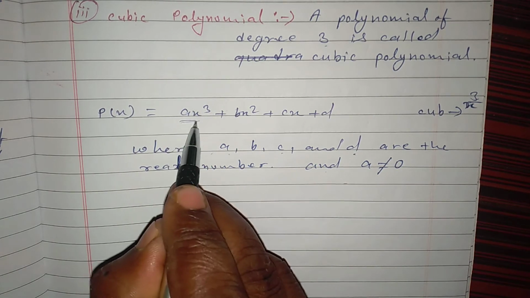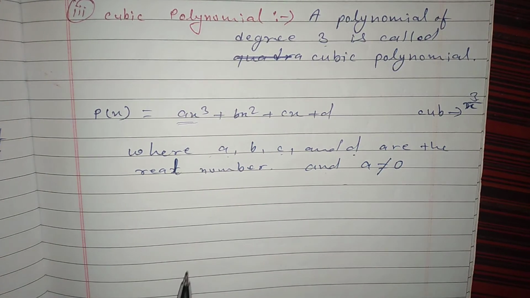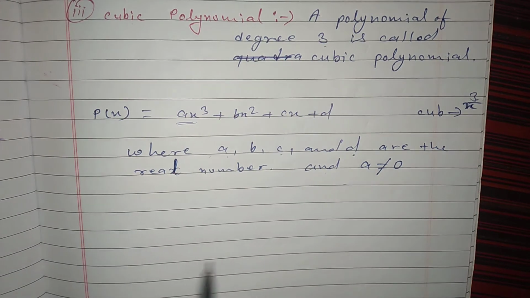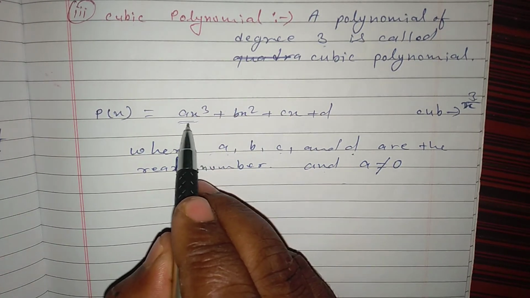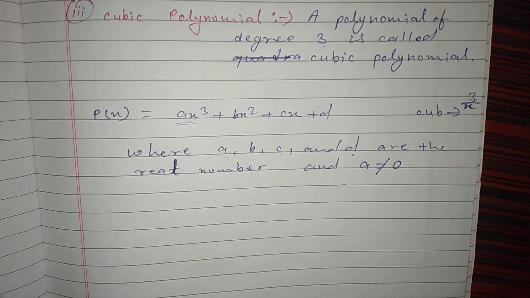The first term has the highest power of the polynomial, so we can say this is a cubic polynomial.